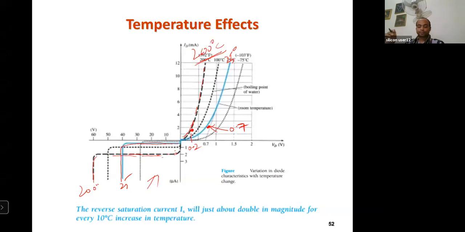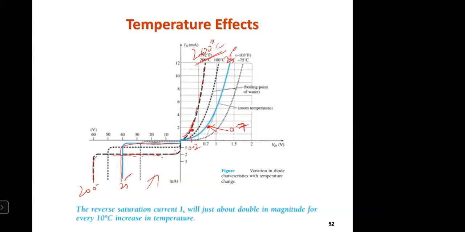Why? Because at 25 degrees, the number of electron hole pairs, which are the minority carriers, is lower. The number of minority carriers will be high at higher temperature.